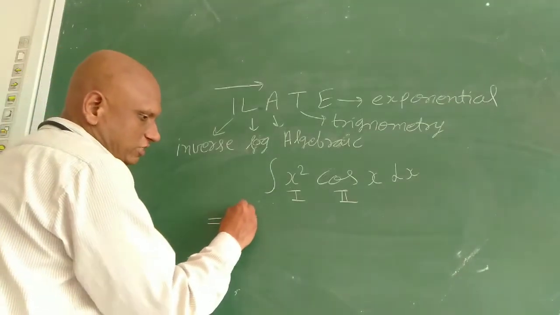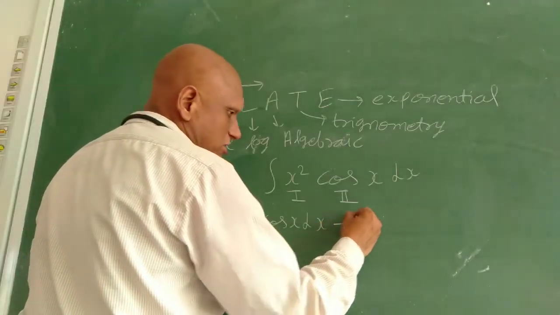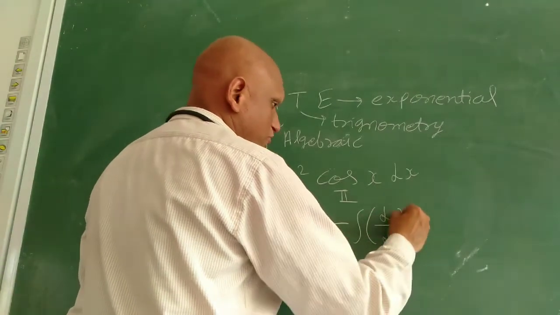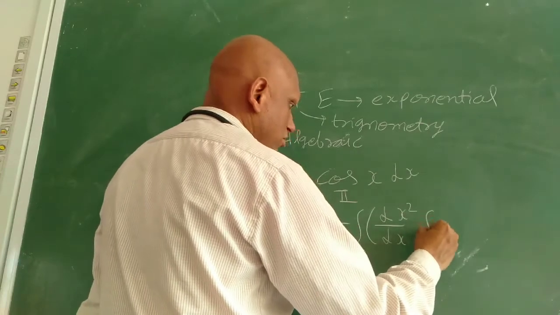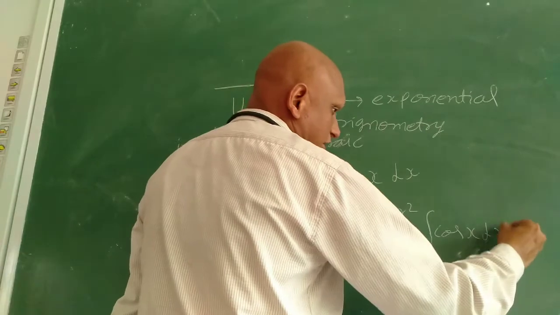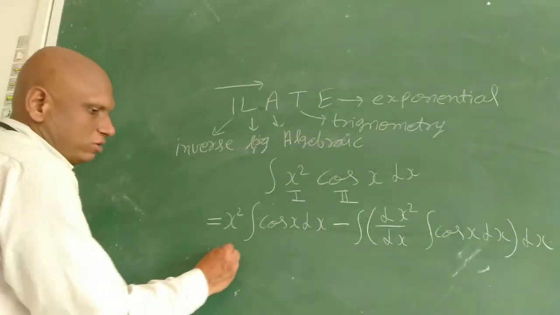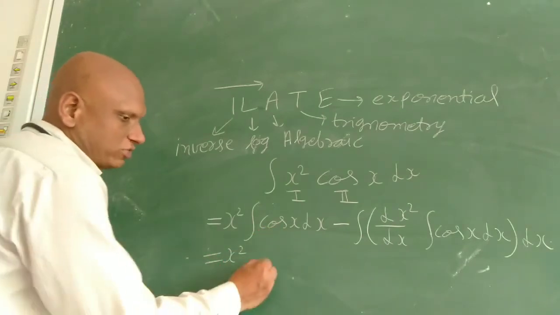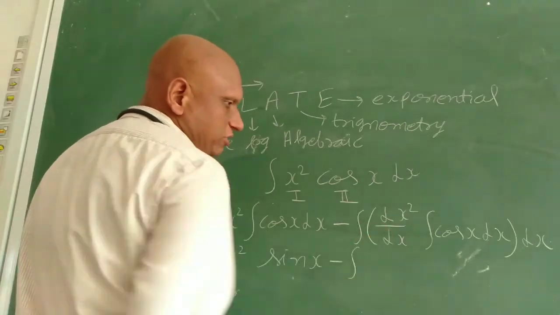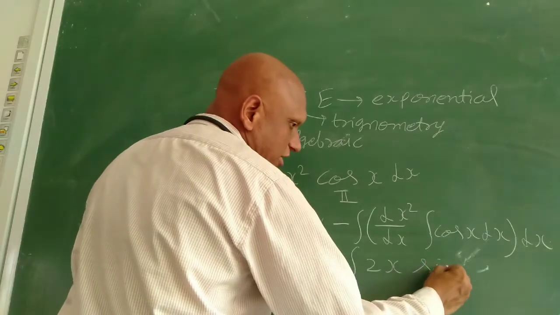Now, first function as it is, integration of the second function, minus integration of the bracket: differentiation of the first function, integration of the second function, dx. Okay, now x square, what is the integration of cos x? This is sin x, minus the integral of the differentiation of x square, 2x, and integration of cos x, sin x, and this one is dx.